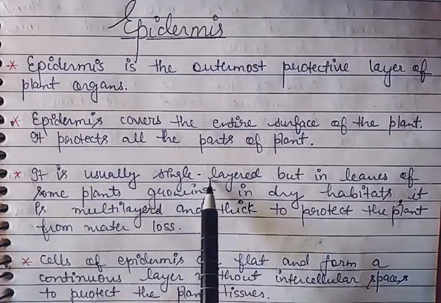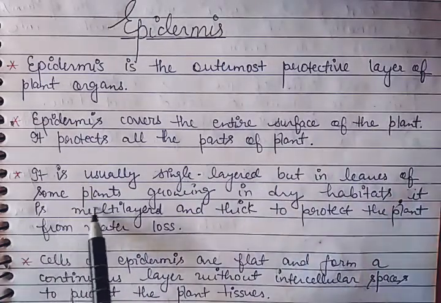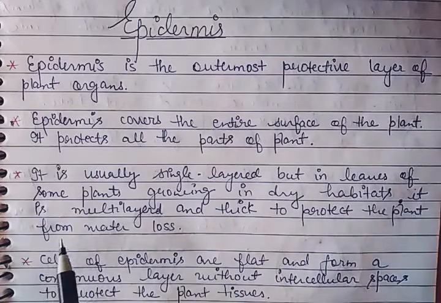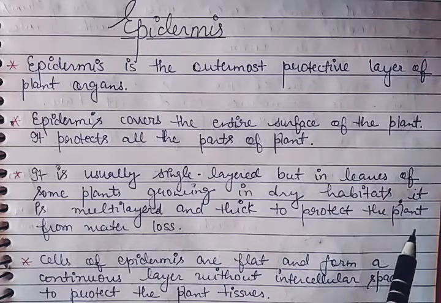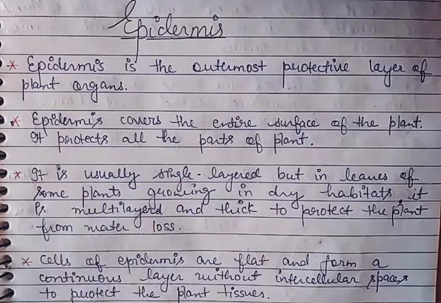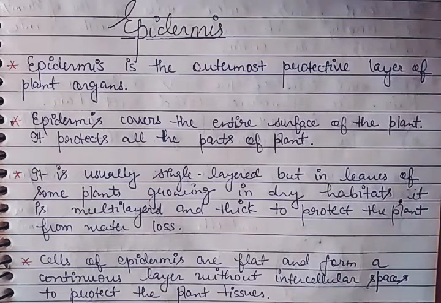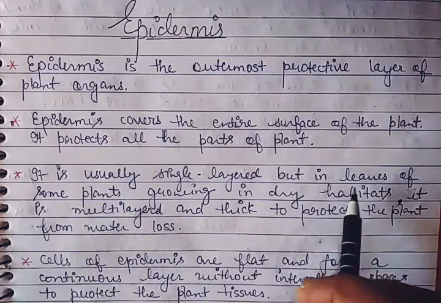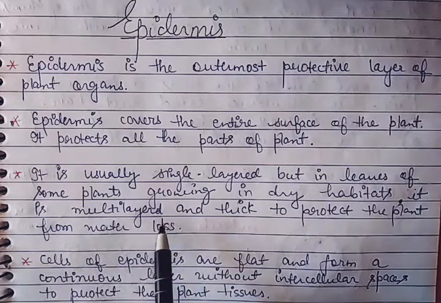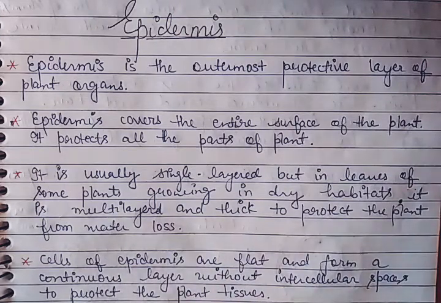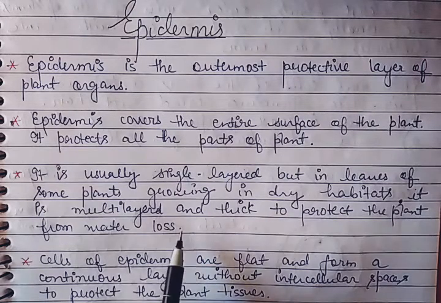Now it is usually single layered, but in leaves of some plants growing in dry habitats, it is multi-layered and thick to protect the plant from water loss. Usually a single layer of cells is found in the epidermis, but the leaves of plants found in dry habitats, like deserts, have a multi-layered and thick epidermis, just to protect the plant from water loss.